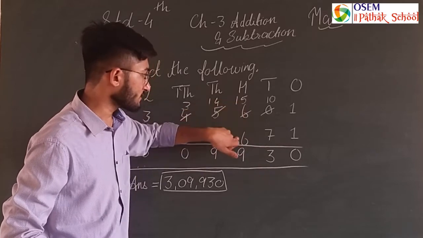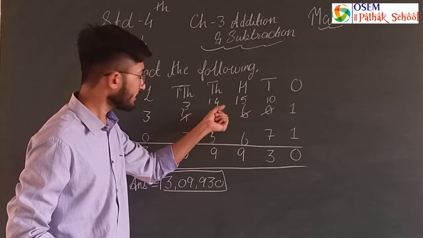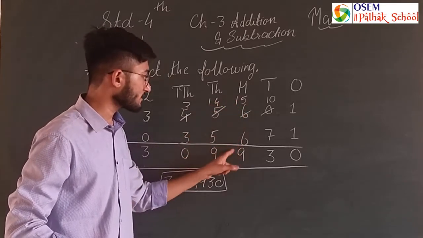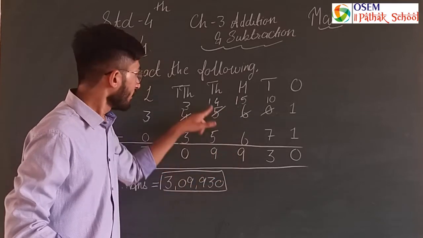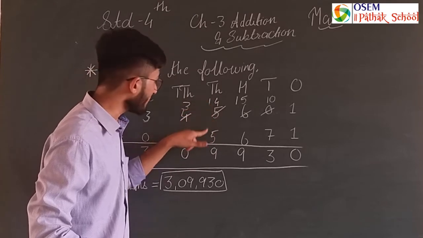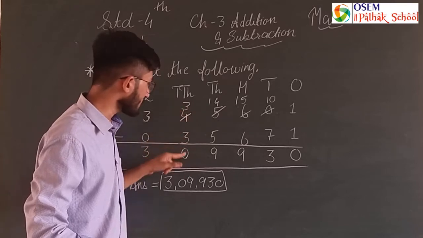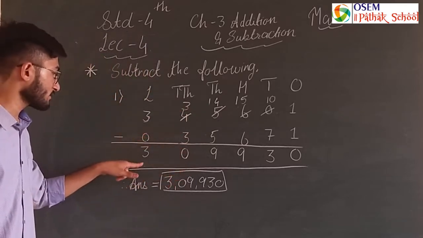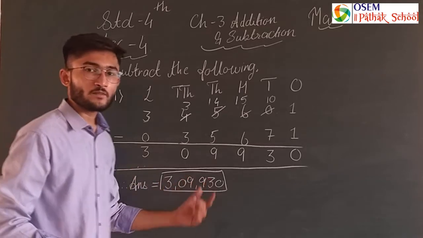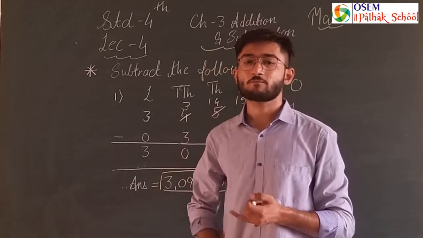Here 5 minus 6 is not possible, so again we will borrow from here, cut it and write 4, and this 5 will become 15. 15 minus 6 is equal to 9. 4 minus 5 is not possible, so 4 will become 14 and 14 minus 5 is equal to 9. Here 4 becomes 3, 3 minus 3 is 0 and 3 minus 0 is 3. So the answer we get is 3,09,930. So this is the first example of subtraction.